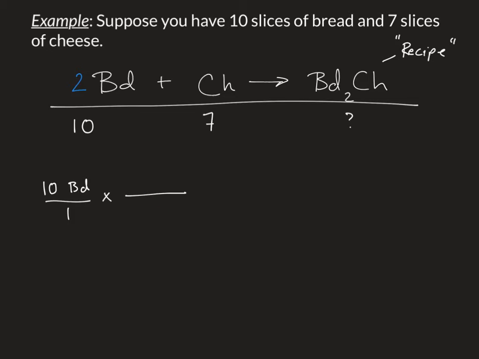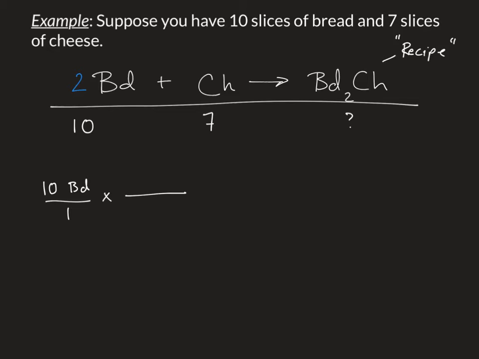You know what? Let me switch from my lightsaber to my little pointer here, okay? So this is where we use our ratio, based on the chemical equation or the recipe. Now we have 10 slices of bread here, which means what do we put here? We need to put our 2 slices of bread here, to cancel that out.